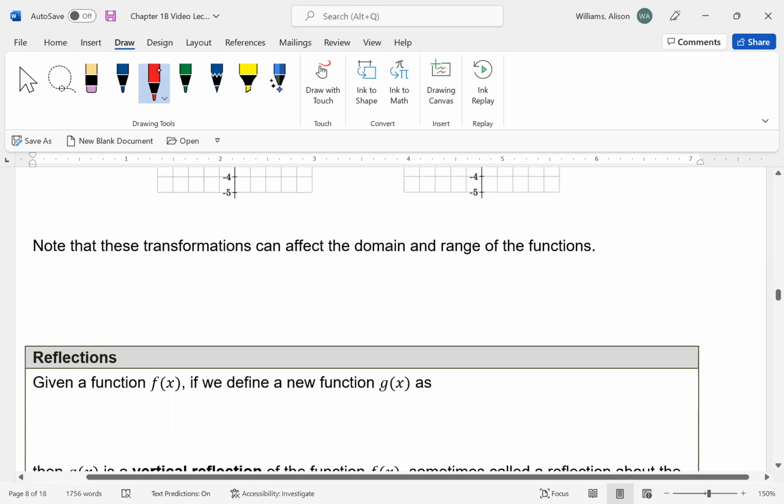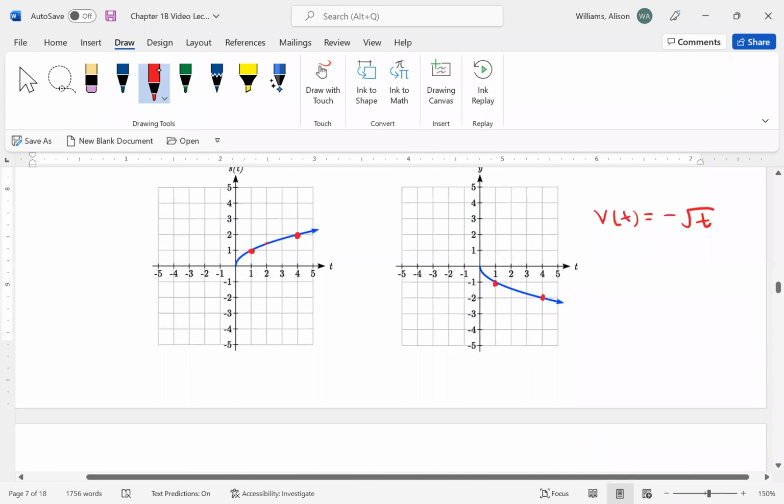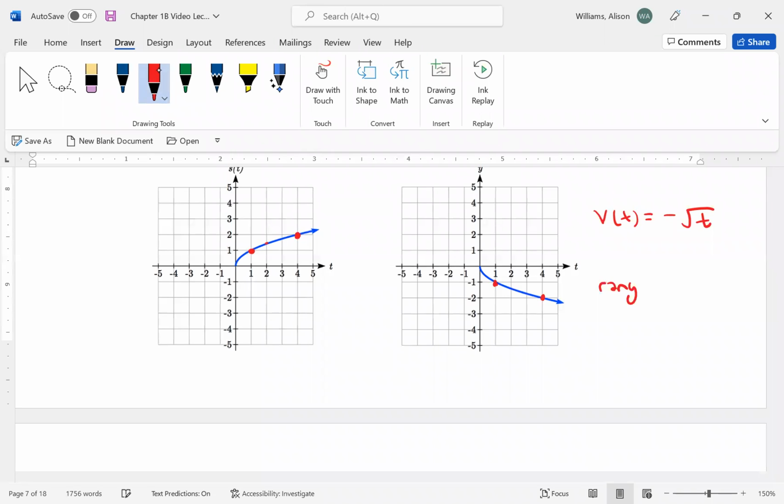Oh, no, sorry, before we do that, these transformations can affect the domain and range of the functions. That's an important thing to note, that we could possibly change that domain and range because of this. So for the first equation, the range was affected. Originally the range went from 0 to infinity.